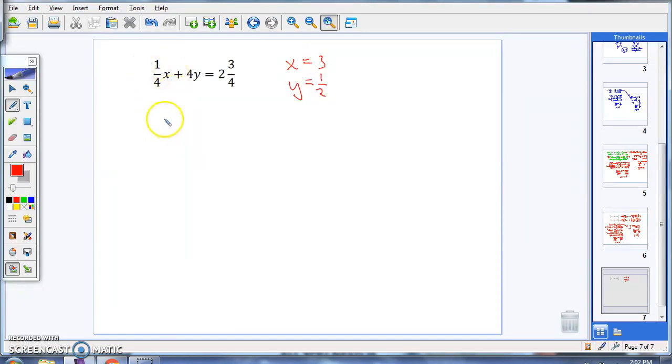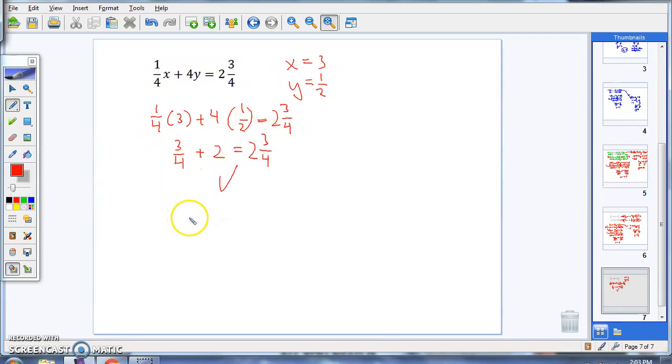So if I plug those in, 1/4 times 3 plus 4 times 1/2 should be 2 3/4. I'm not even going to convert that. 1/4 times 3 is 3/4. 1/2 of 4 is 2. And the very definition of 2 3/4 is 2 plus 3/4. So check, we've done it right.